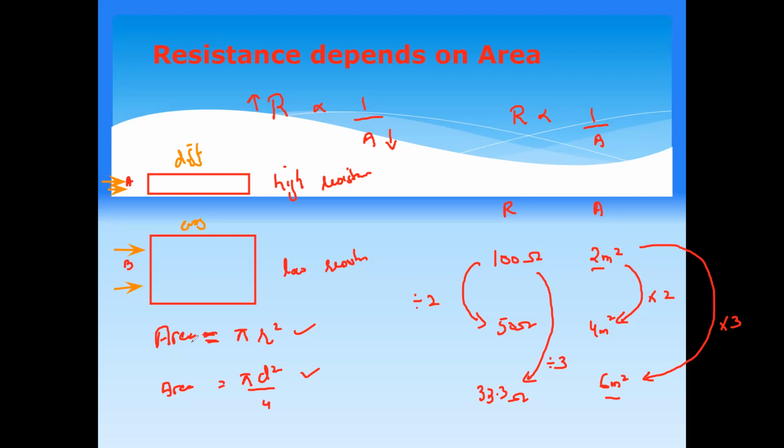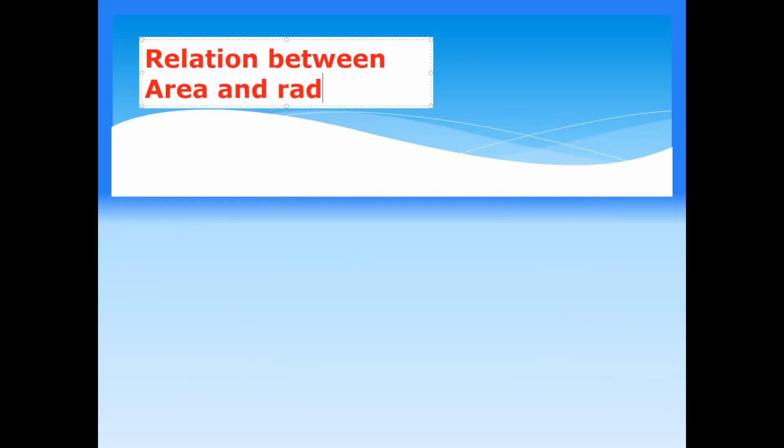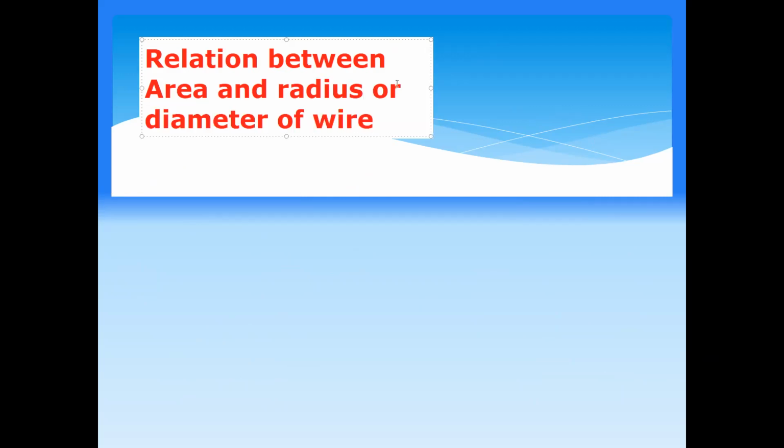If radius is doubled, area will increase by 4 because it is r square. So what is the relation between area and radius or diameter of the wire?